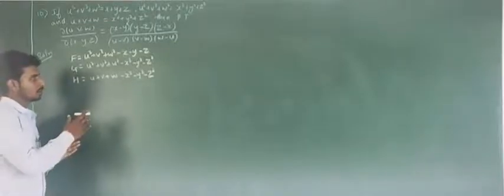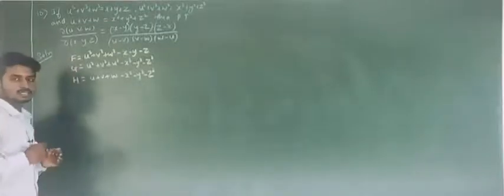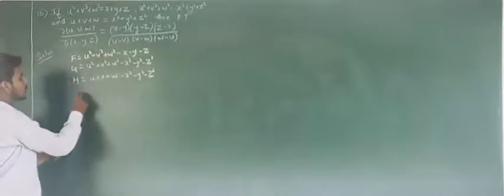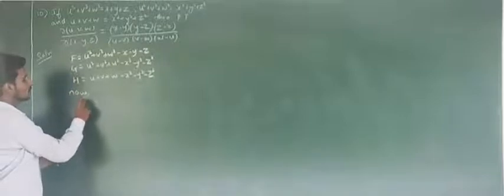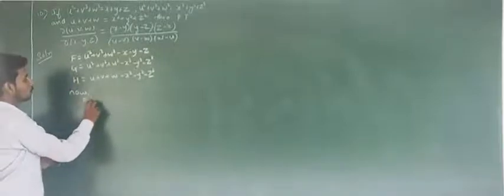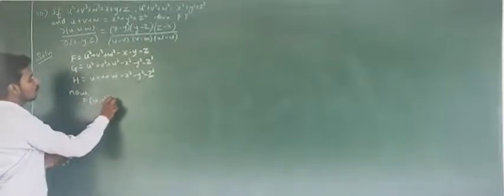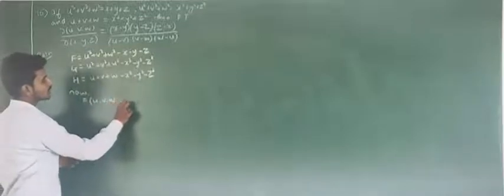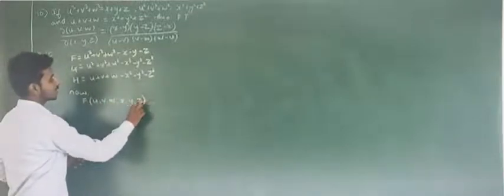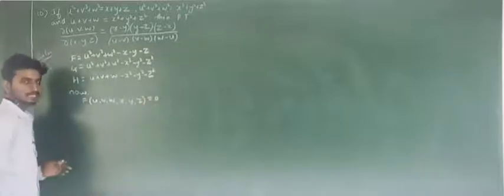So by the implicit property, how can we write these functions? We can write the function f of u, v, w, x, y, z equal to 0.